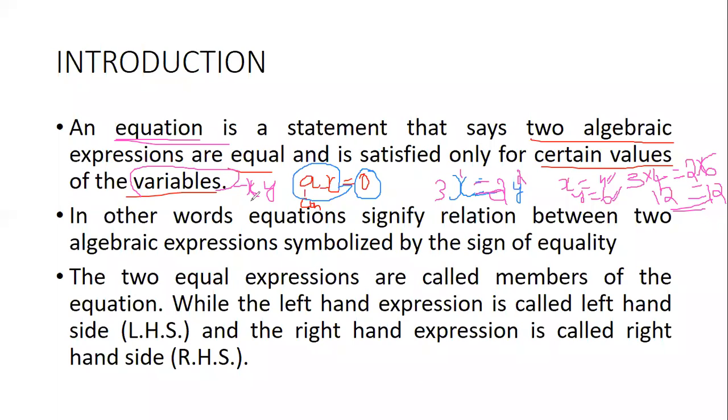To summarize, an equation is a statement that says two algebraic expressions are equal and is satisfied only for certain values of the variable. Did you all understand the first definition? This is very important. You have to first understand what an equation is and then we'll go on.